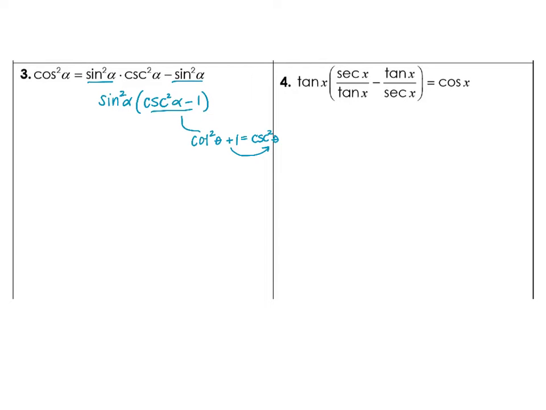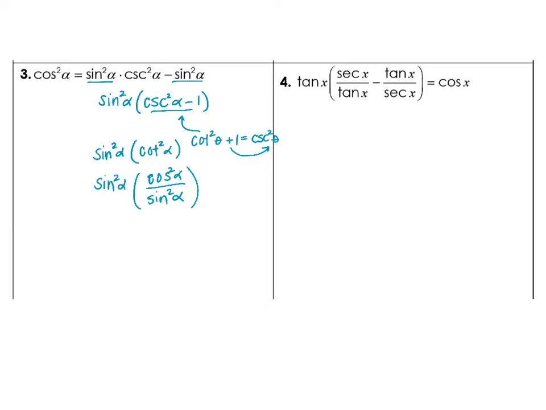So I'm going to replace that with cotangent squared. So now I have sine squared alpha times cotangent squared alpha. And that cotangent looks like it needs to be changed back to maybe in terms of sine and cosine. And cotangent is cosine squared alpha over sine squared alpha.